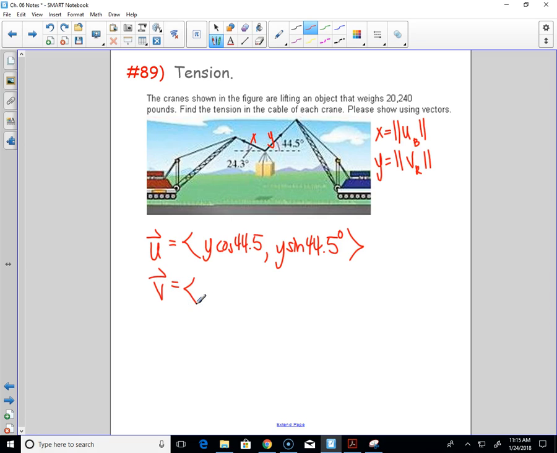Same thing, but X times cosine of, now here's the struggle, should I use 24.3? Isn't it being measured a different way than the 44.5? So I'm not going to use the 24.3. It's going to get a little confusing with whether something's moving to the right or to the left. I'm going to use instead 180 minus 24.3, which will end up being 155.7.